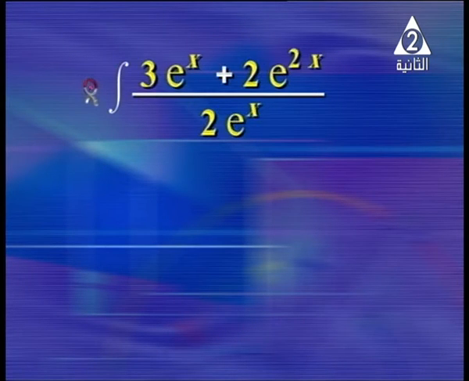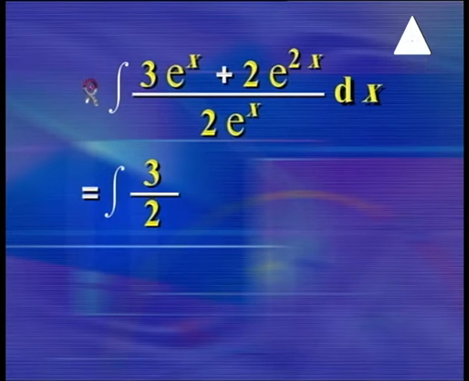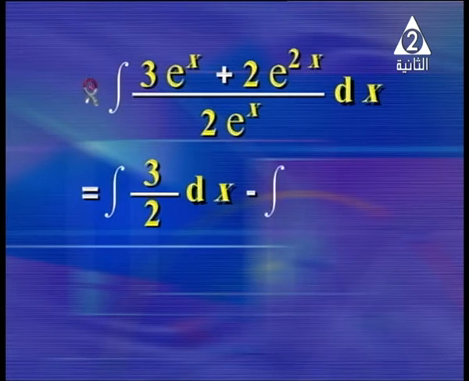Integration of 3 e power x plus 2 e power 2x over 2 e power x dx. When we divide, the numerator has two terms, 3 e power x plus 2 e power 2x.